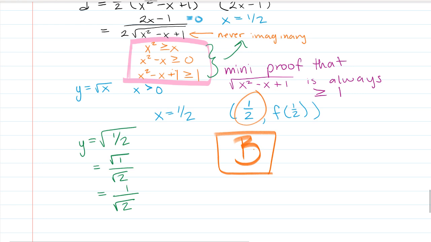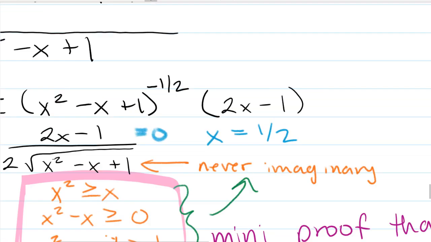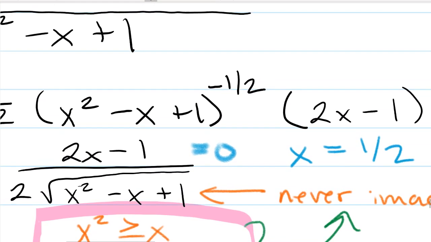And how did I get the 1/2 specifically? This part, right here. If 2x minus 1 is equal to 0, then x has to equal 1/2.